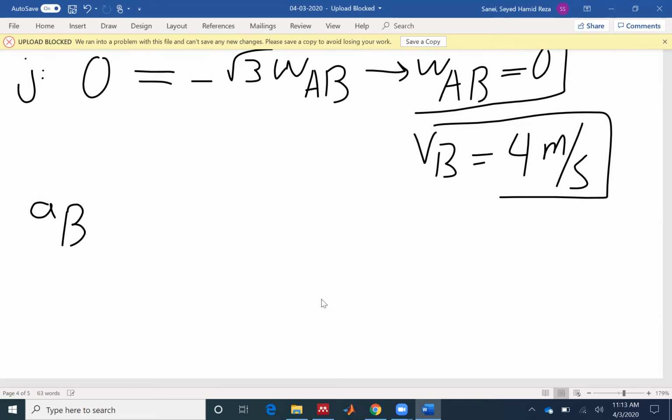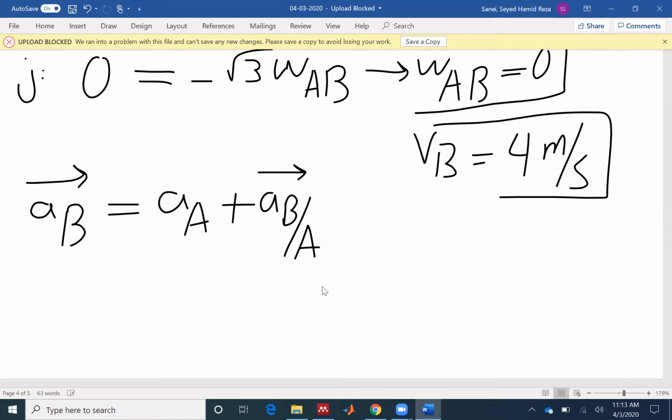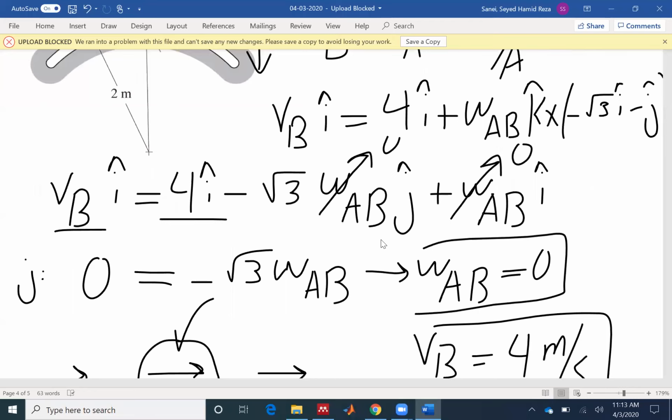The second part of the problem is asking for acceleration. AB equals AA plus AB with respect to A. For AA, we have everything. It's a linear motion. I need to find AB and AB with respect to A in a vector formulation.